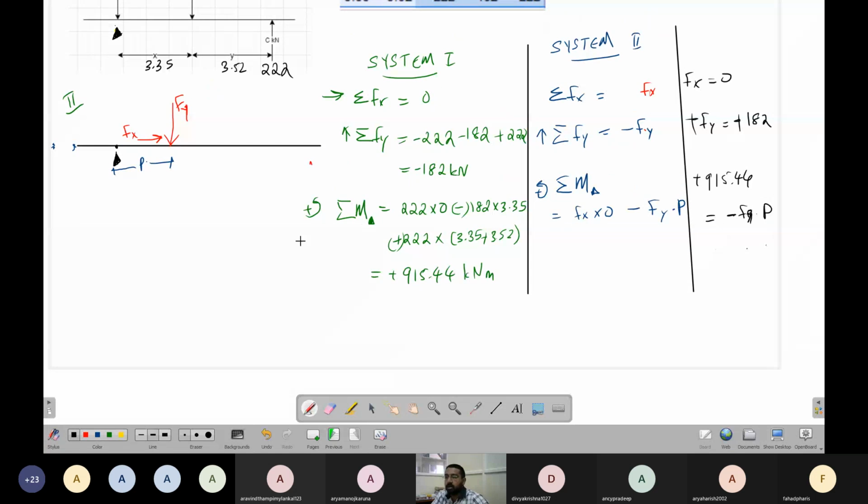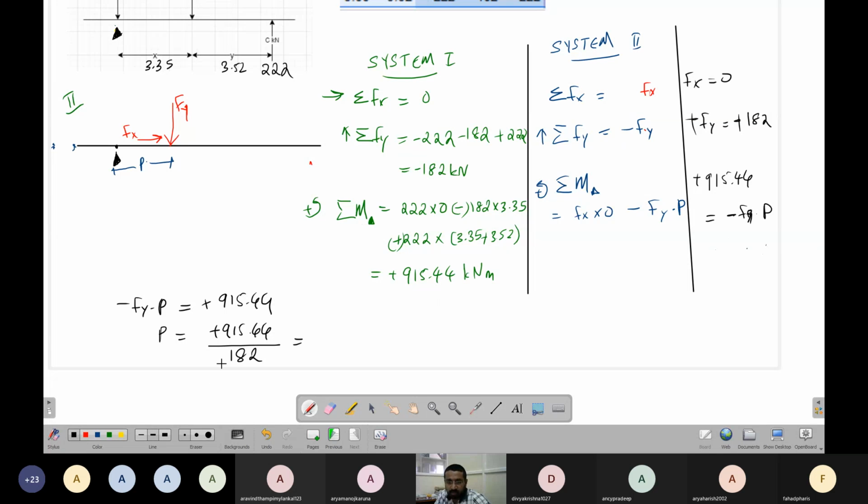Minus Fy into p equal to plus 915.44. Okay, so that means p is equal to plus 915.44 upon Fy. What is Fy? Fy value we have substituted, Fy value is 182.